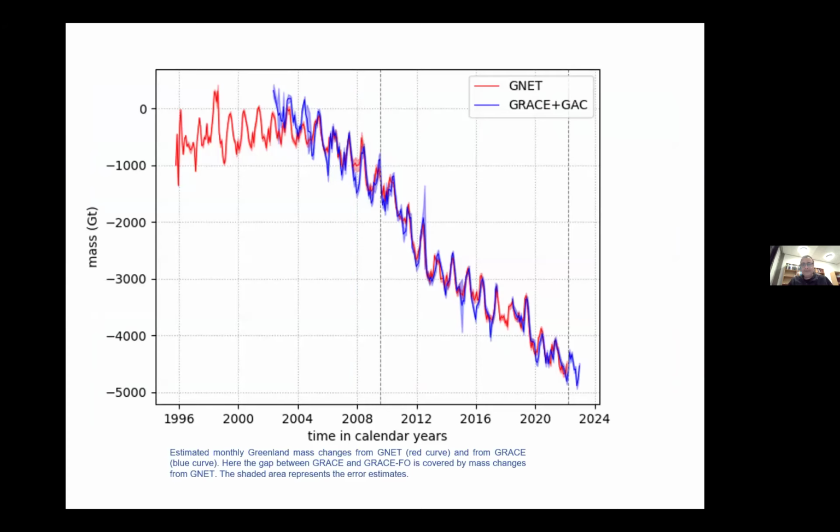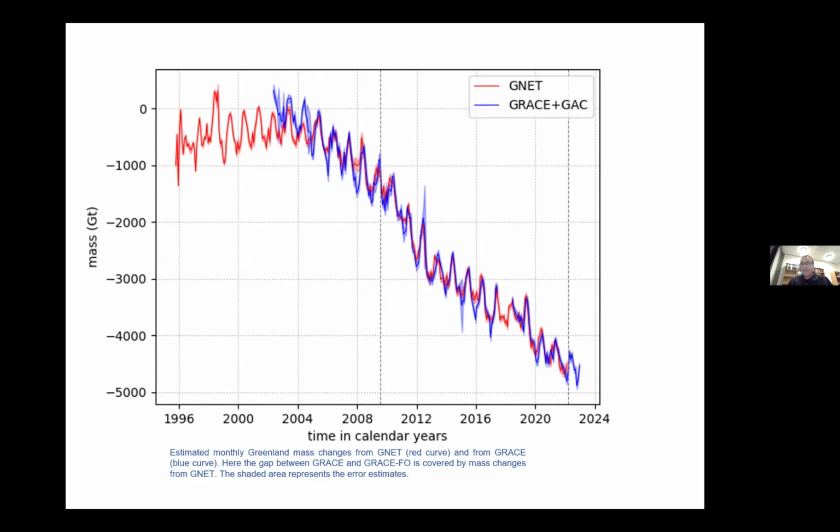So now the method by Valentina. She has developed, you can say, a function which uses the time series from all the GPS data and converts land uplift into mass change.